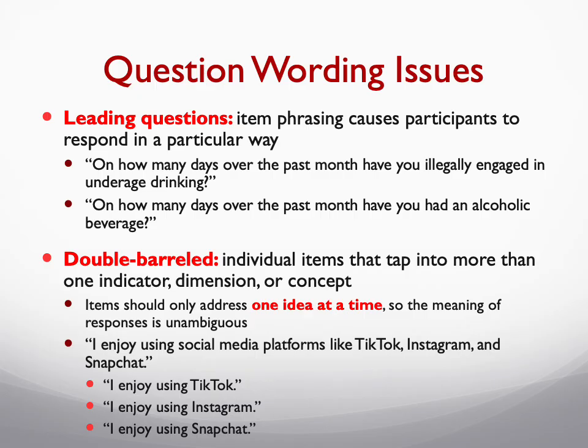If somebody rates themselves as 4, 5, 5 on these 3 items, I know that the 4 is for TikTok, the 5 is for Instagram, the 5 is for Snapchat. Whereas if they rated themselves a 4 for that first item, I might be unsure, like, well, is that TikTok? Is that Instagram? Is it Snapchat? So as much as possible, when you can, try to separate and parse apart these more complicated concepts into their individual dimensions by, in essence, using multiple items, multiple indicators.